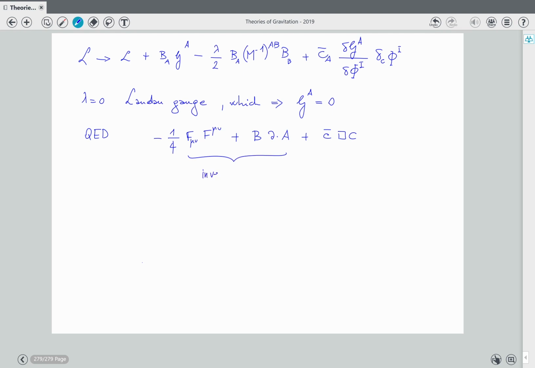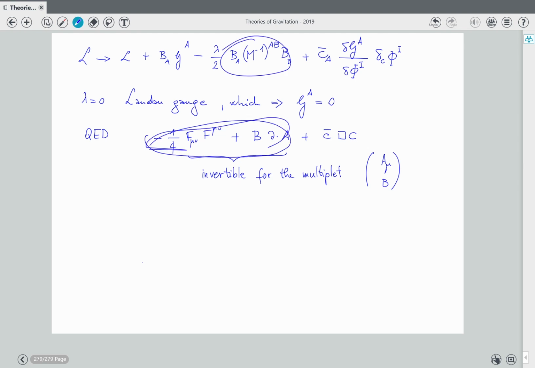But here you can have this is invertible for the multiplet made of A mu and B. So you can build a 5-component vector, A mu and B, and consider this as the quadratic action for that.